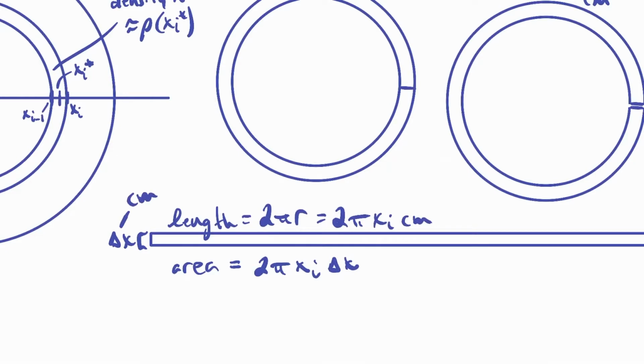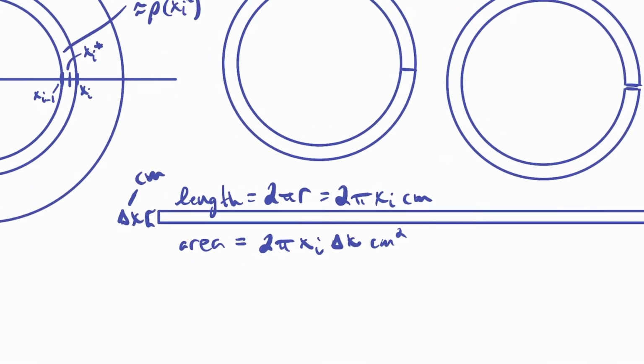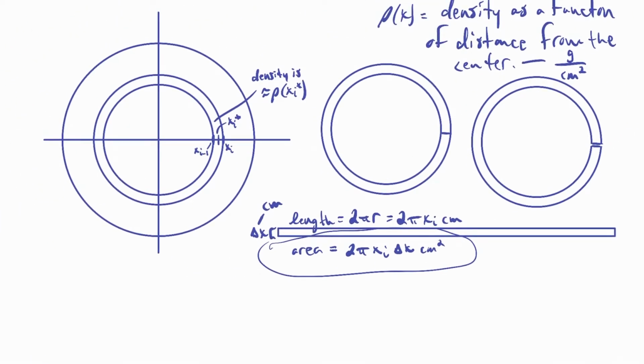Okay, so this is in centimeters squared. Let's change the size on the stylus. Okay, so this area is in centimeters squared. 2 pi xi delta x. That's the area of this ring. Okay.